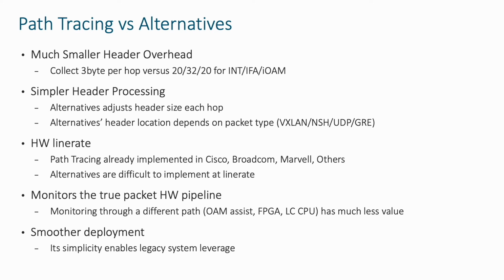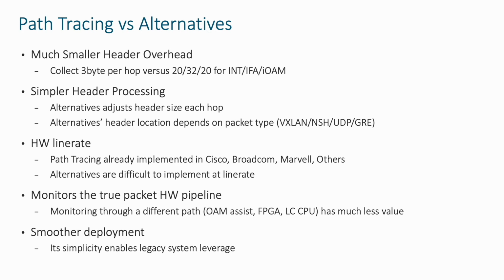The header processing in path tracing is far simpler compared to other solutions, which would require a header resizing, etc. at each hop. Plus, in path tracing, the header is always at the same offset in the packet, compared to other solutions where the header offset will depend on the packet type, VXLAN, NSH, UDP, GRE, etc.